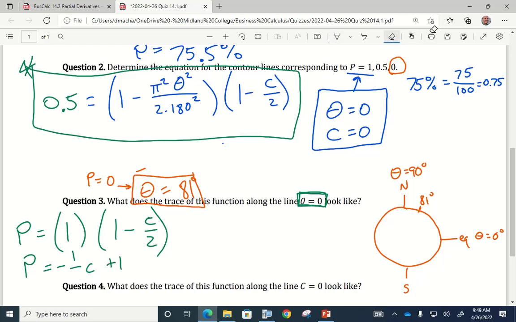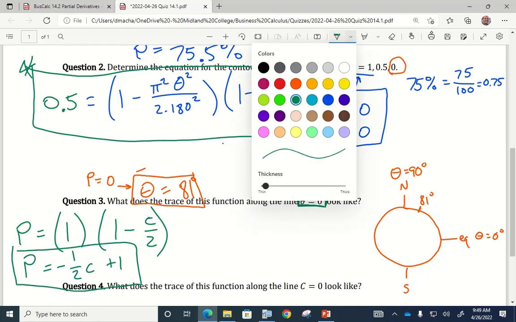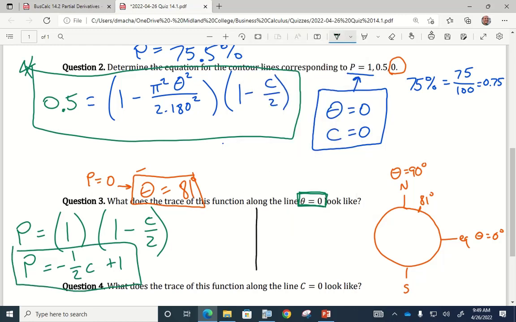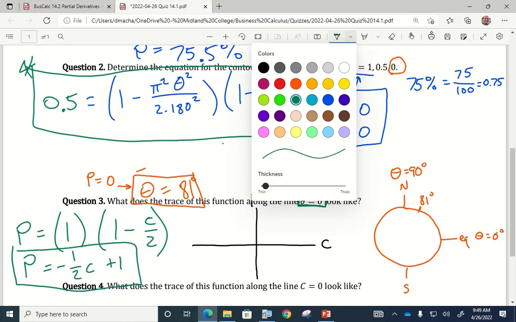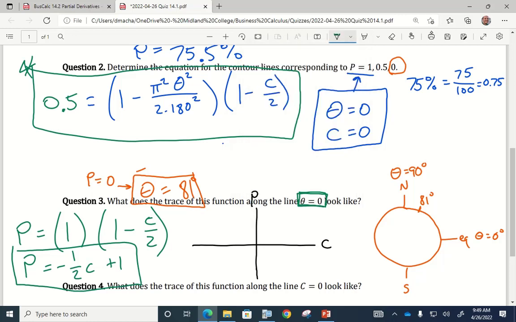So this is the equation for a line with slope negative 1/2 and y-intercept 1.